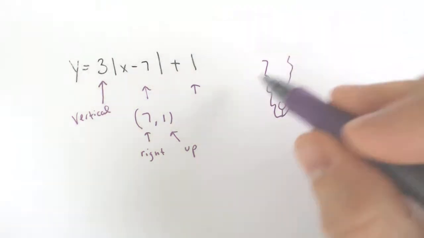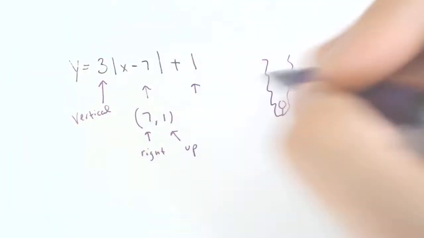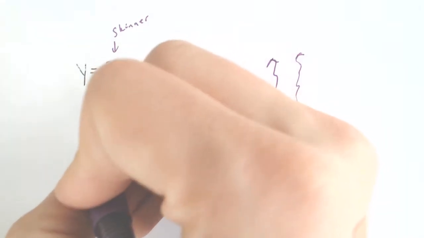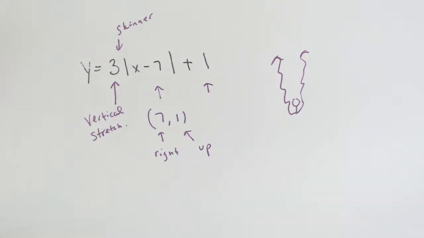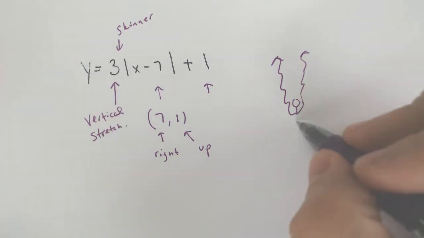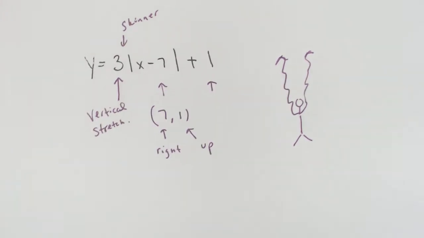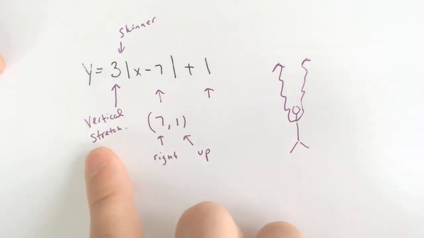If somebody was pulling on your arms vertically, making you skinnier, because this would get skinnier if it is a whole number, it would be considered stretching you out vertically, and that would be this scenario. And you would be in pain. All right? So, change the sign, keep the sign, and vertical stretch.